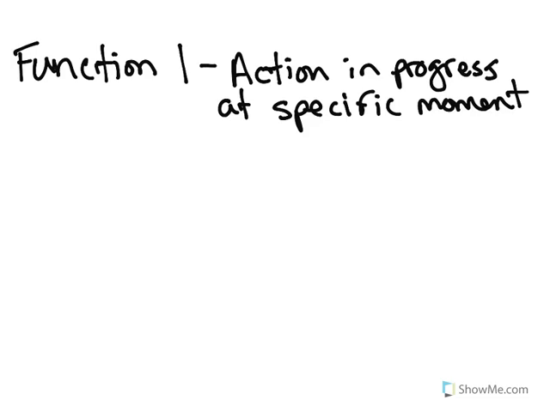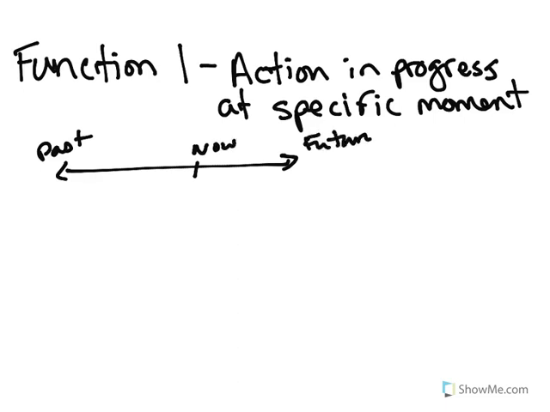Now let's talk about when we would use the past progressive. So I'll draw a timeline here. We'll use this timeline to help us understand. We've got the past, we've got now, and we've got the future. Past progressive actions, because it's progressive, it's an action in progress, an action that takes time or an action that's ongoing. I like to use that word, ongoing, or in progress.